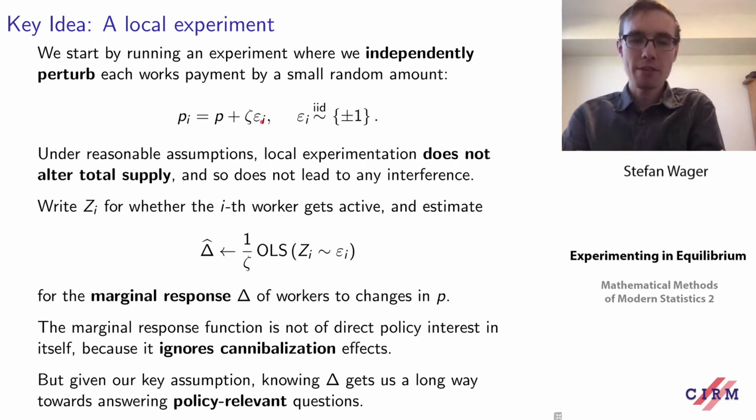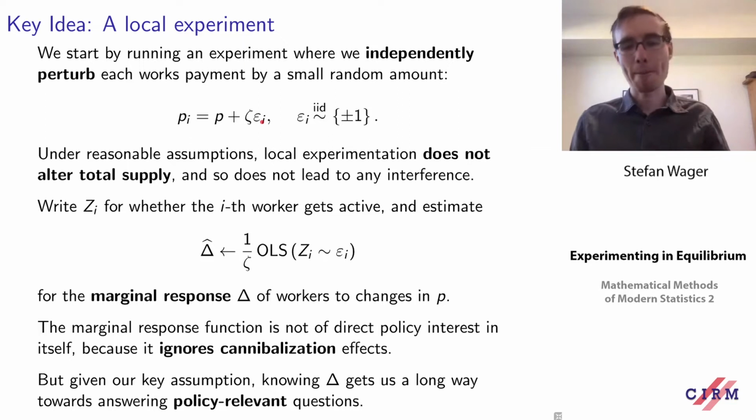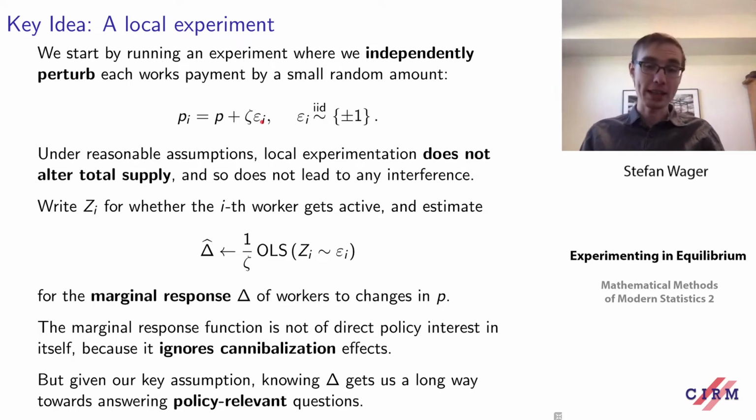So just a few words about this marginal response. First, it's not policy relevant directly. What we care about is d mu dp. That is, how does the average participation rate in the market change if you increase payments for everyone? Delta is not an answer to that question.